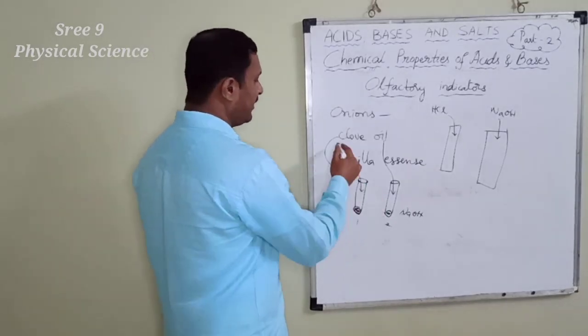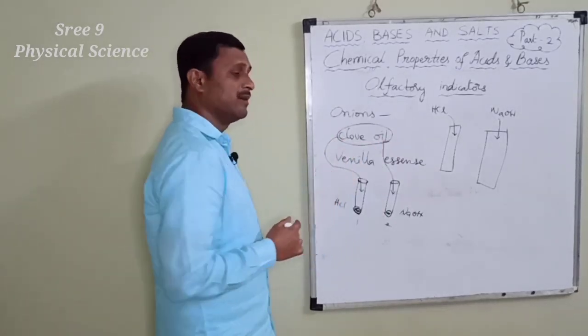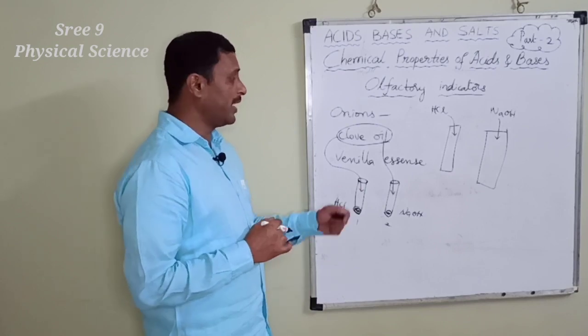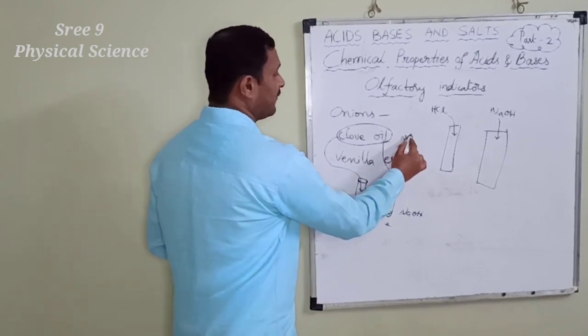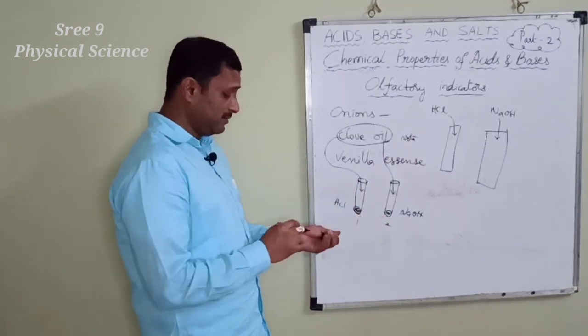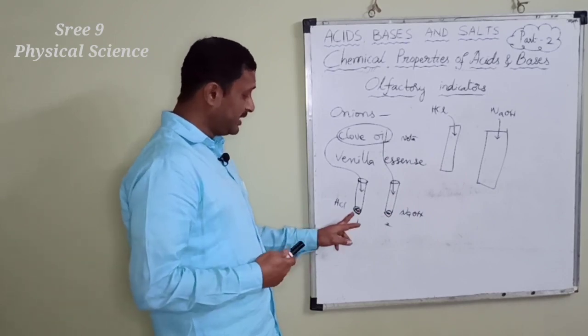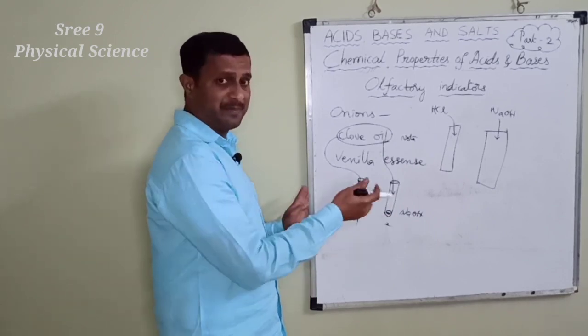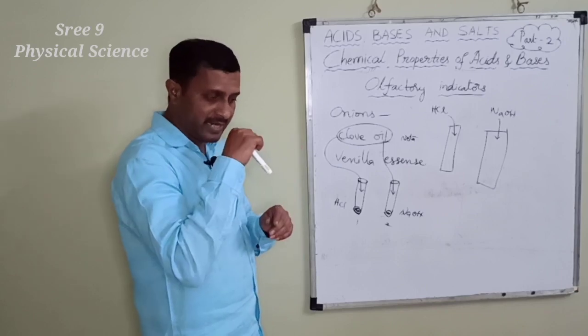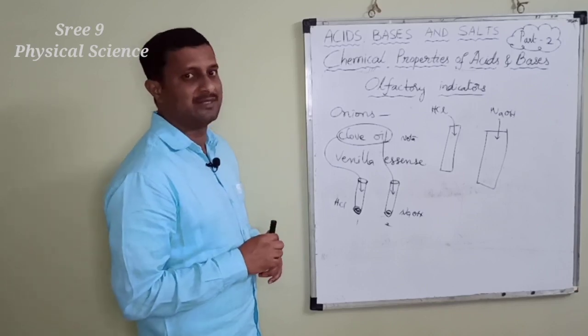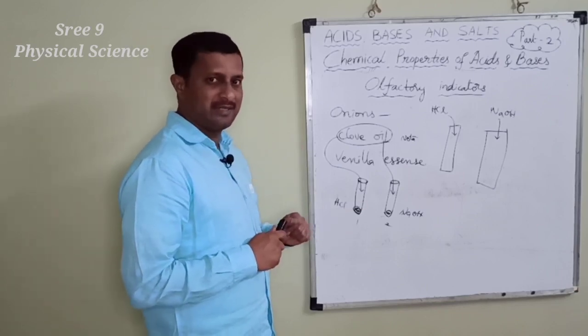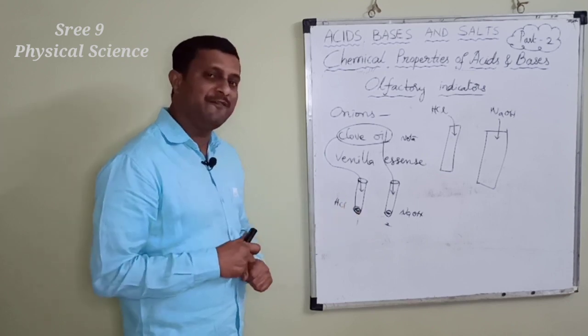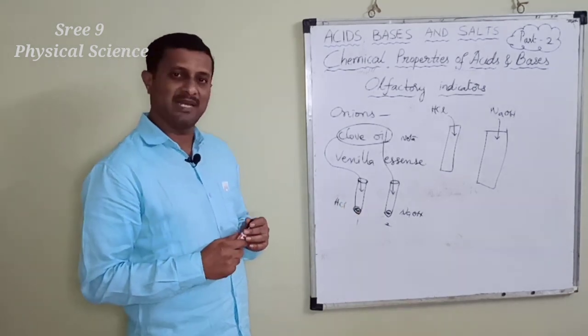Before adding, we have to check the odor, the smell of the clove oil, and note it down. Then add it to the test tubes containing HCl and NaOH separately, shake the test tubes and observe the odors. They will have different odors, different smells.